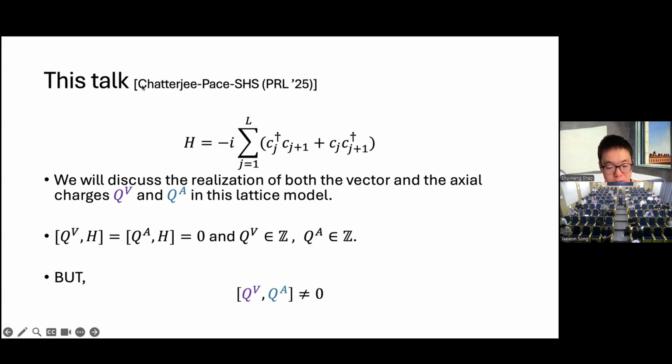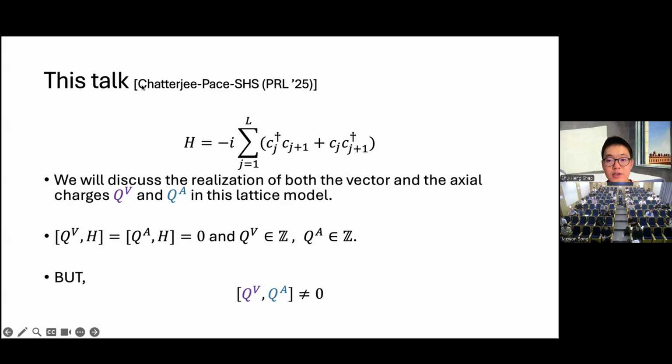Oh, good. So far I'm talking about the free fermion Hamiltonian. In fact, it has infinitely many conserved quantities. The lattice model is in fact integrable. But most of these conserved quantities do not respect locality in a nice way. QV and QA, as I will discuss later on in the talk, are locality preserving operators.